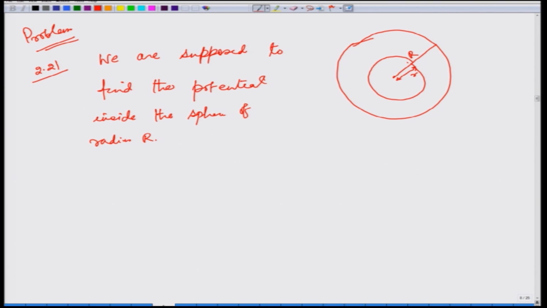So how will we solve this? There are two ways of solving this. I am doing the first way, which is the straightforward way. We will use the electric field to find the potential.